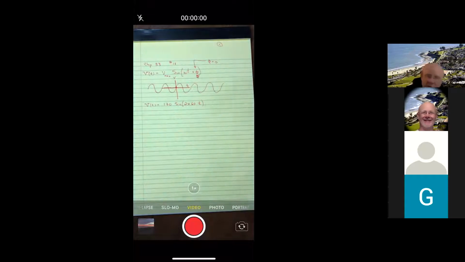But I'm going to use this as an opportunity to point out that the review part of this, and I don't think this is the major part of the review, the major part of the review is actually going back to the flux of chapters 30, 31.